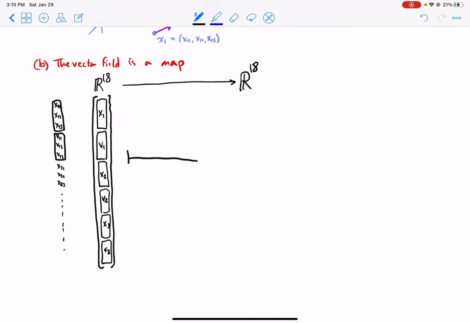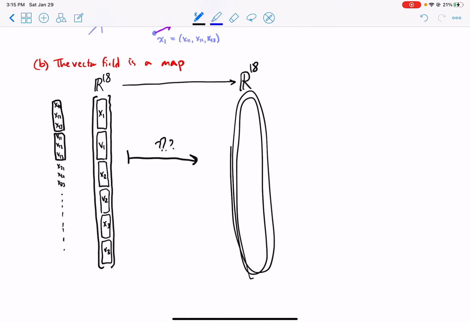And now, where does it go? Where is it mapped to? Well, over here, this vector is basically how things are changing. It's the differential equation. How do things change? So how does the position of the Earth change? Well, by the velocity.